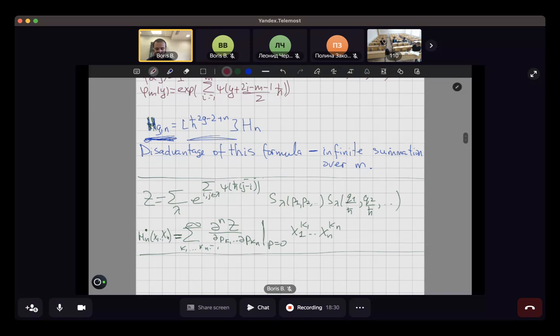So let a_i plus be the following differential operator in p variables, sum of x_i to the m times d over d p_m. So I just write here the definition for the j_m operator, and a minus is the same but with minuses.